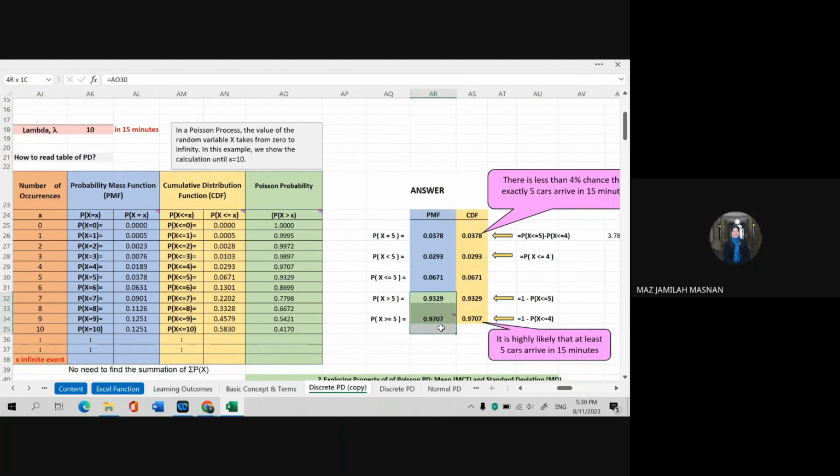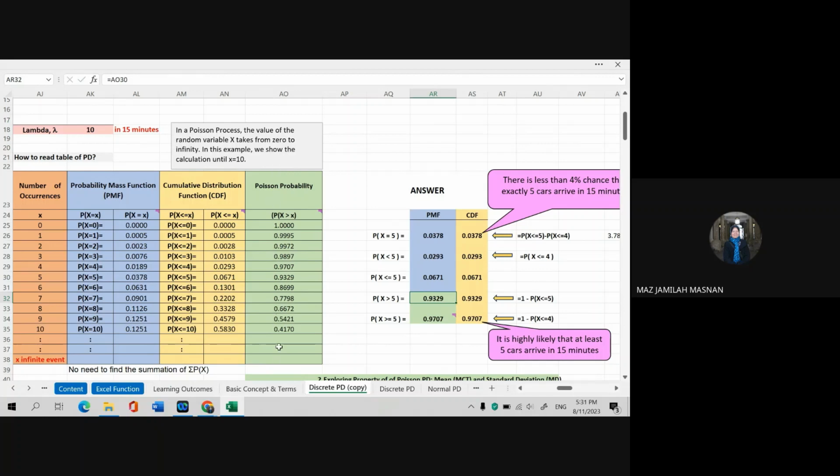Now, for the green region over here, since we are talking about the Poisson probability, we know that for Poisson the events are infinite. So using the greater than column will be easier for us. For this case, we are looking for P(x greater than 5).